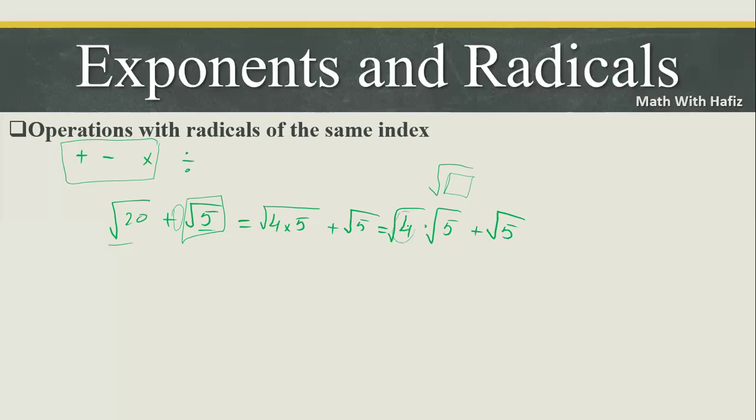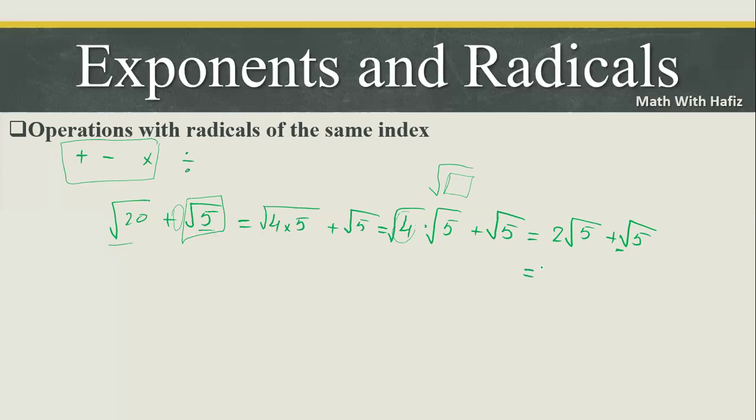And here we know 4 is a perfect square of 2. So it will be 2 square root of 5 plus square root of 5. And as I mentioned earlier, we will consider this as a variable. So I would say there is a 1 with this square root of 5, and 2 plus 1.